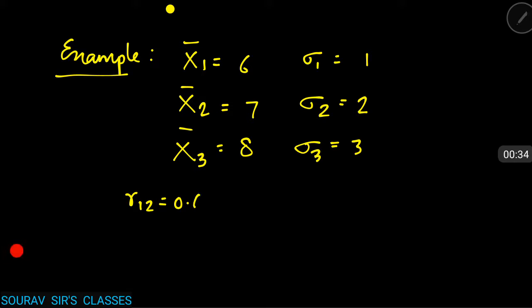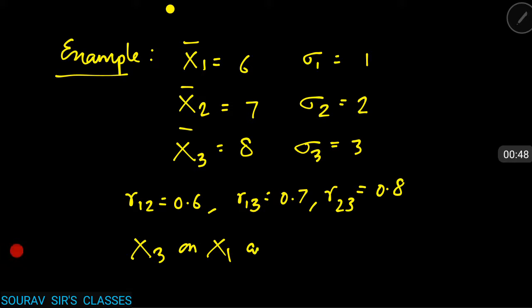R12 is equal to 0.6, R13 is equal to 0.7, R23 is equal to 0.8. Find the regression equation of x3 on x1 and x2. Estimate the value of x3 when x1 is equal to 4 and x2 is equal to 5.